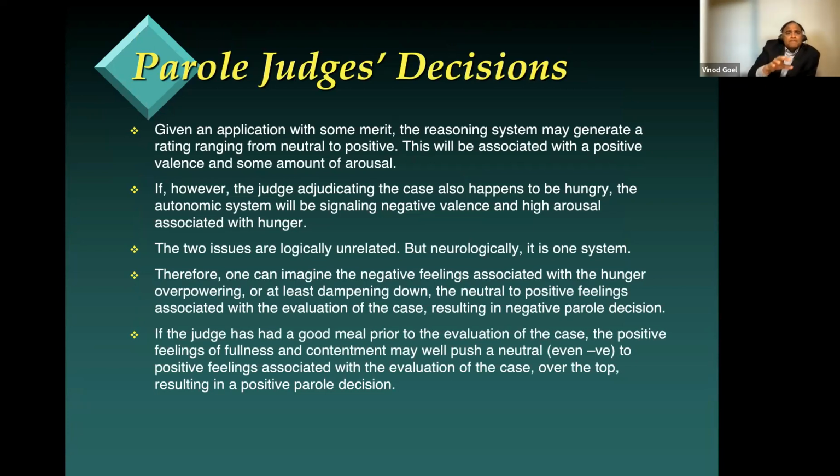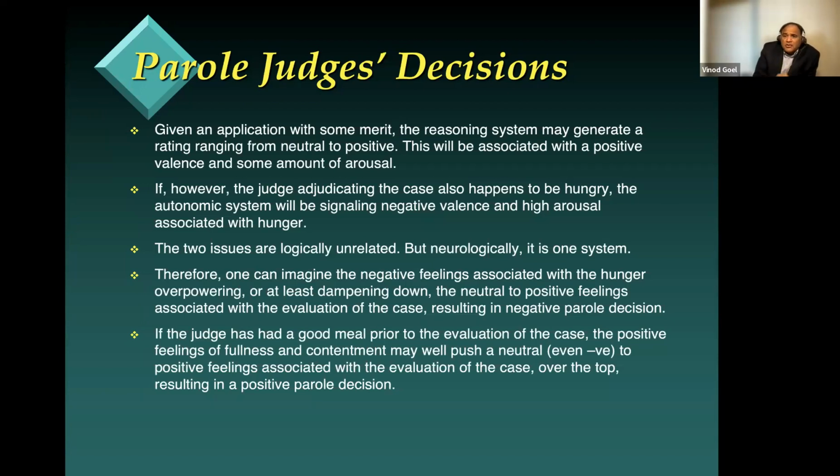So let's go back to the parole judge's example that I began with. Given an application with some merit, the reasoning system may generate a rating ranging from neutral to positive. This will be associated with a positive valence and some amount of arousal. If, however, the judge adjudicating the case also happens to be hungry, the autonomic system will be signaling negative valence and high arousal associated with hunger.